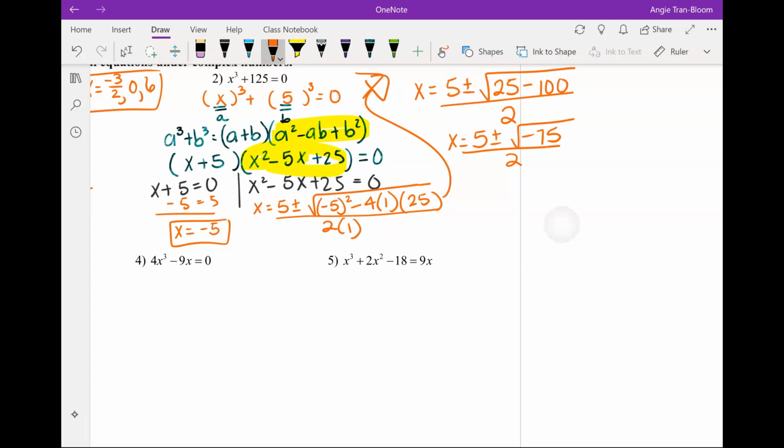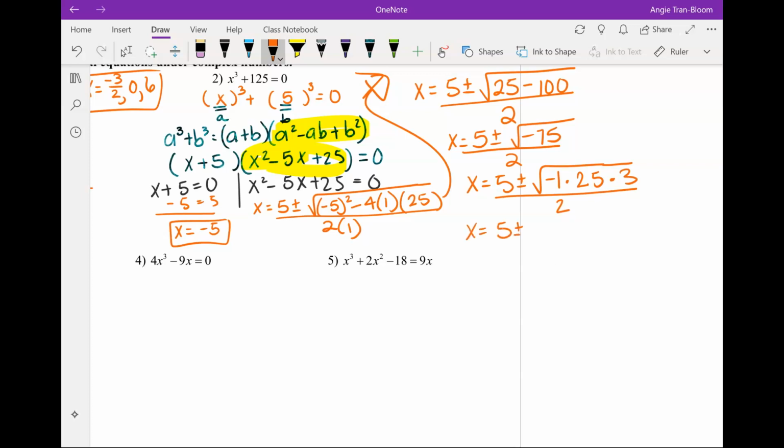Imaginary. So from here, you will try to see if we can take out a negative 1. Is there a nice square number in 75? 25 and 3. Why are we trying to break down square numbers? So we can take it out, okay? What's square root of negative 1?